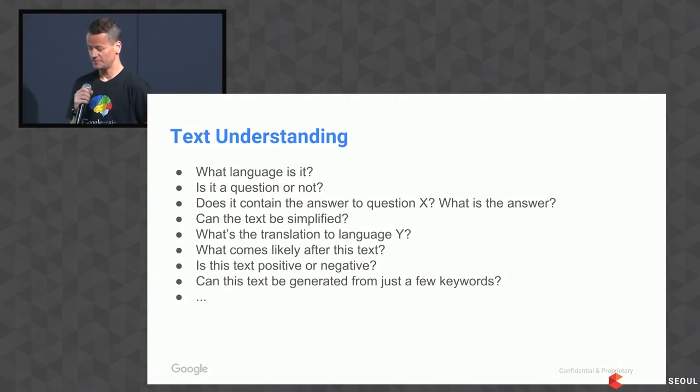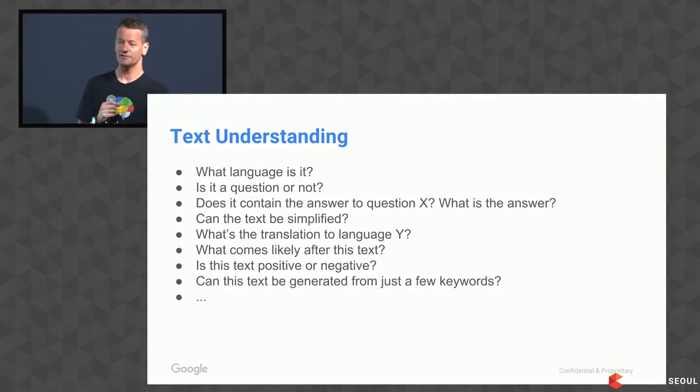So another type of data is not images, but text data. Text understanding is, of course, for Google hugely necessary. Just some typical questions that we could ask is, what language is it? Is it a question or not? Does it contain the answer to question X? What is the answer? Can the text be simplified? What's the translation to a different language?